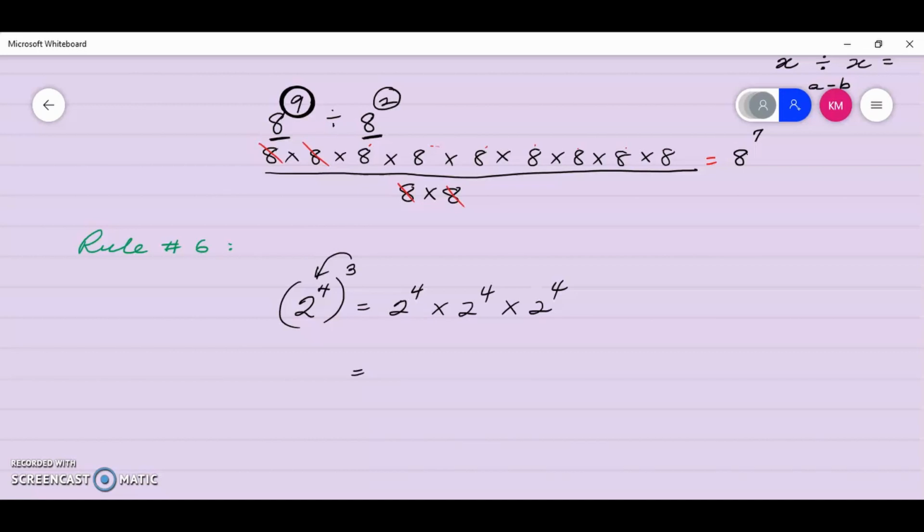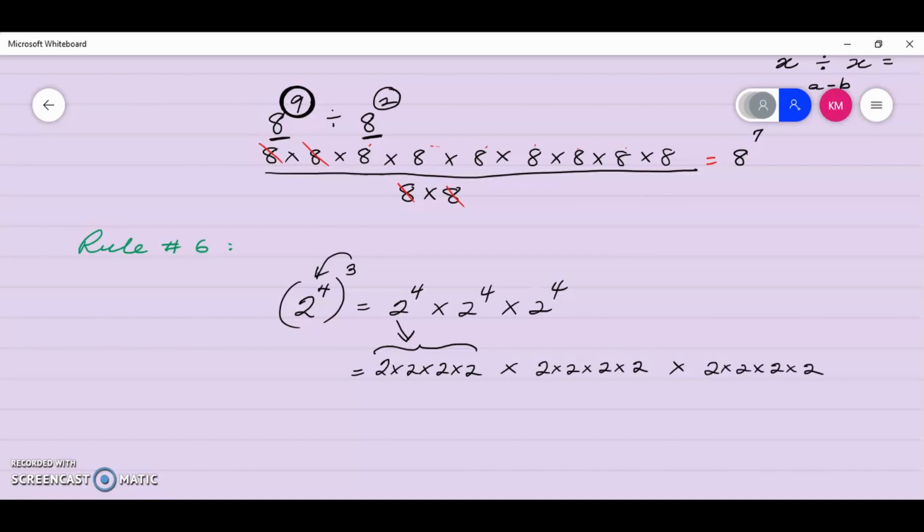Now, what is 2 to the power 4? It's 2 by itself 4 times. So this is actually this part here. And now we have to multiply that by 2 to the power 4, and then multiply that again by 2 to the power 4.